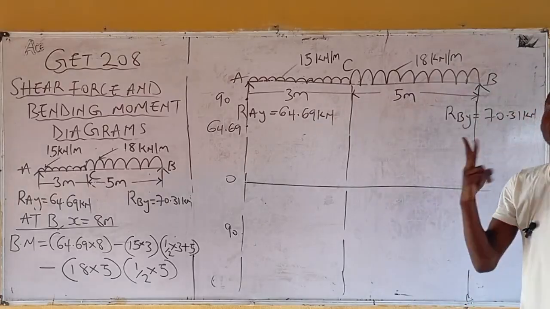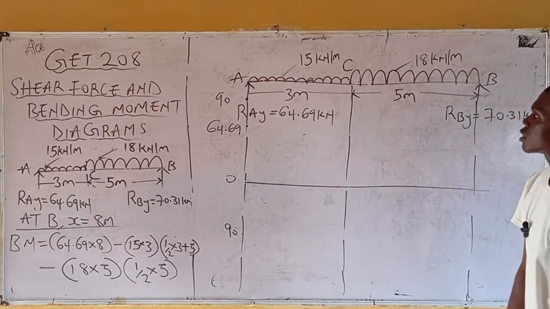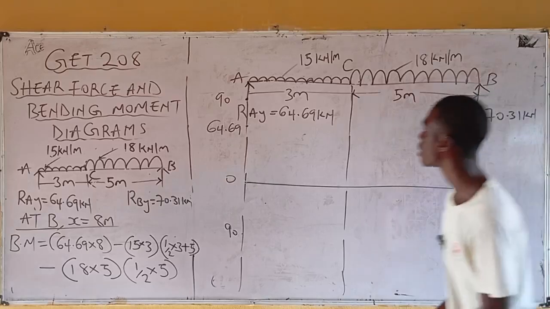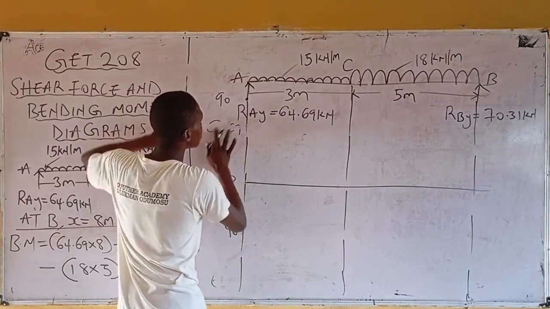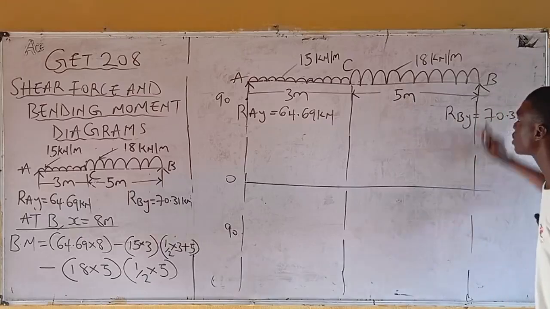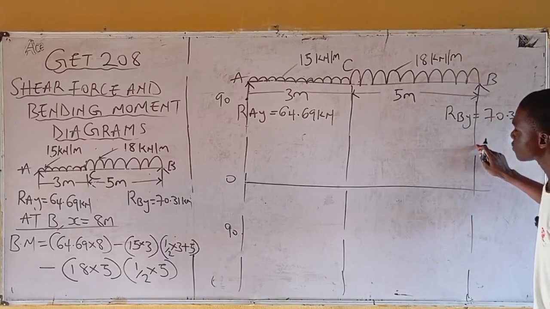How many values do I have there? Just one. And this value is 19.69. All right. Let's extend this. What's the value of shear force here? 0 at this point. It's coming downward like this.